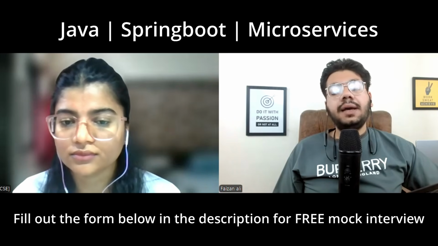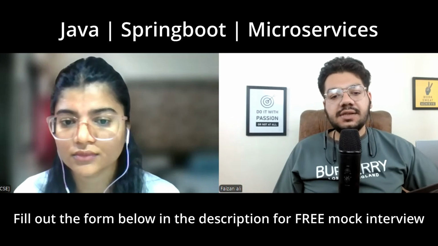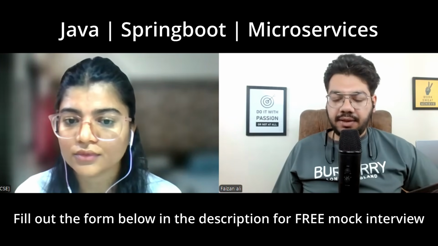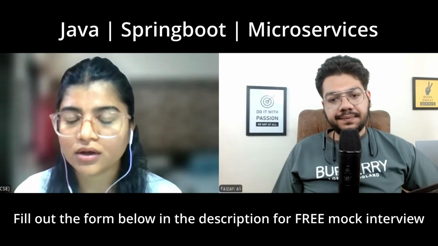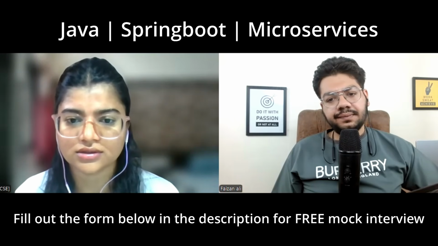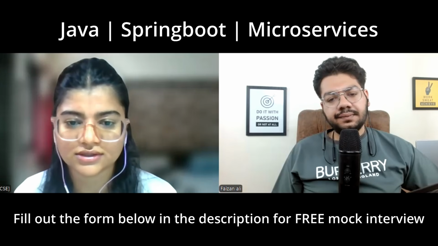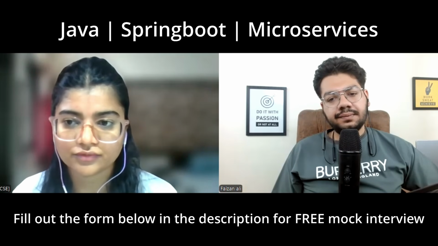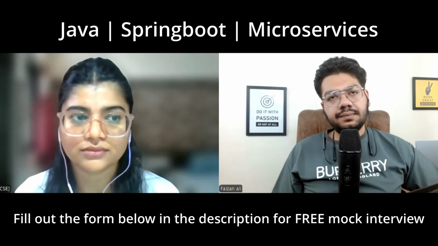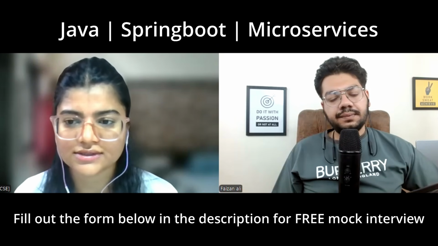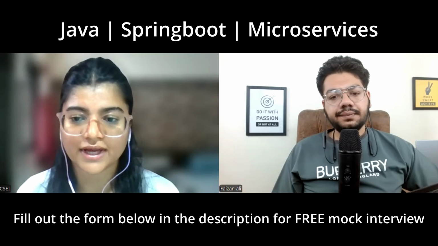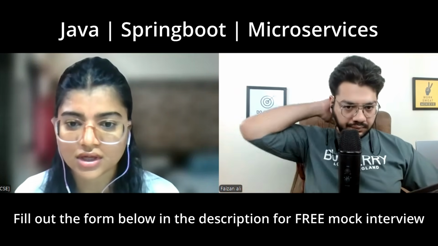Can you please tell me, how does IoC, inversion of control, improve the modularity and testability of an application? It uses dependency injection. Dependency injection is a design pattern which provides dependent classes to the dependent classes, and it helps while testing, while mocking the objects.